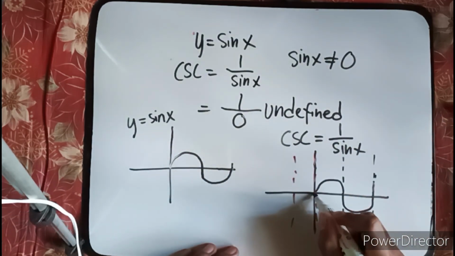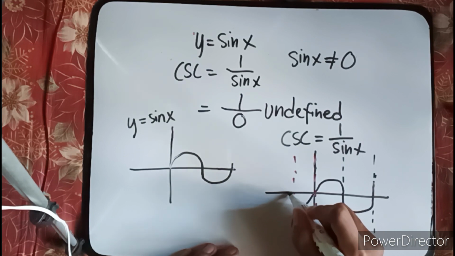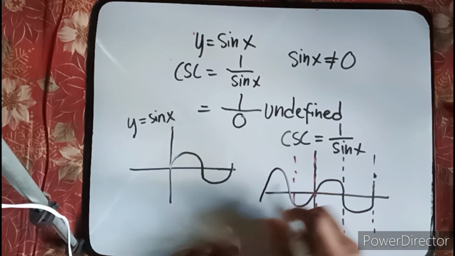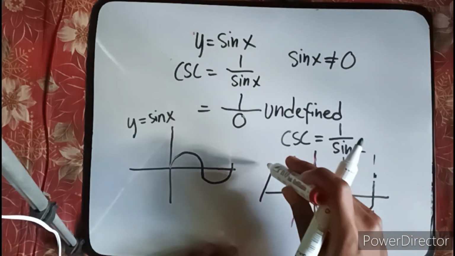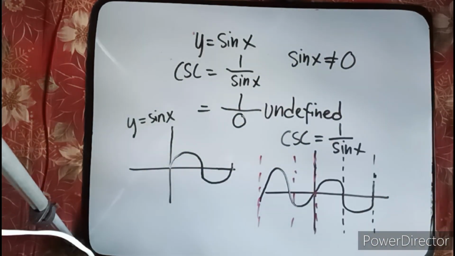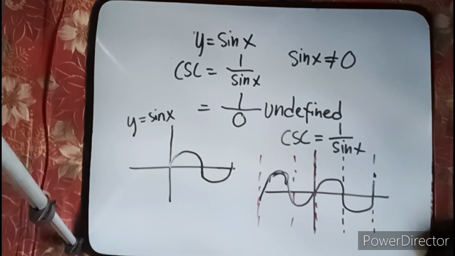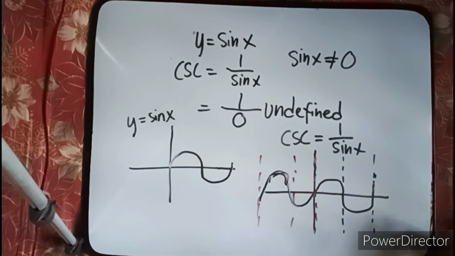So if we continue this function, now our cosecant graph will be the reciprocal of sine.